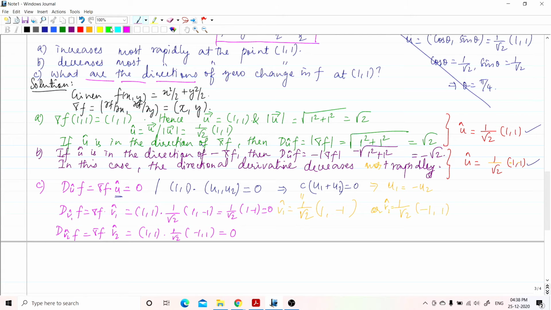If I have to write this as a vector, I may write it as i vector plus j vector multiplied with 1 upon under root 2 times (i vector minus j vector). Can you now check your dot product?